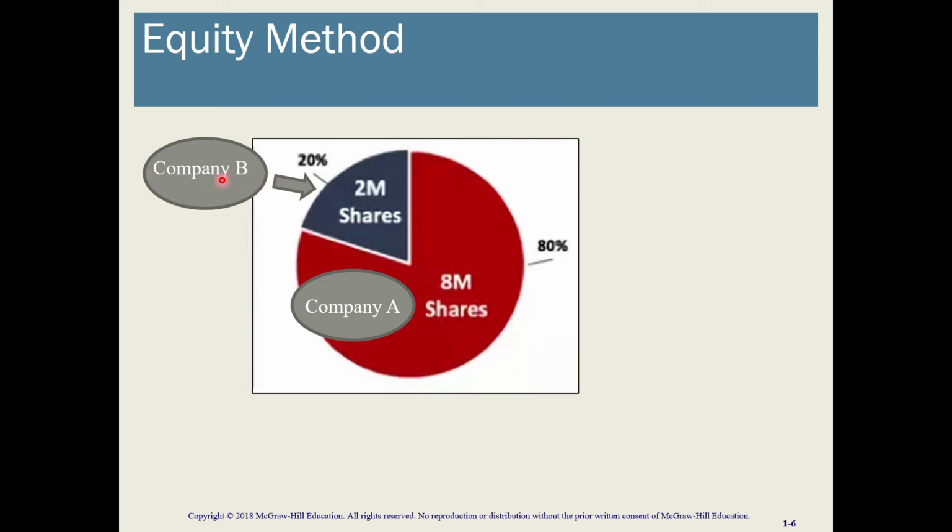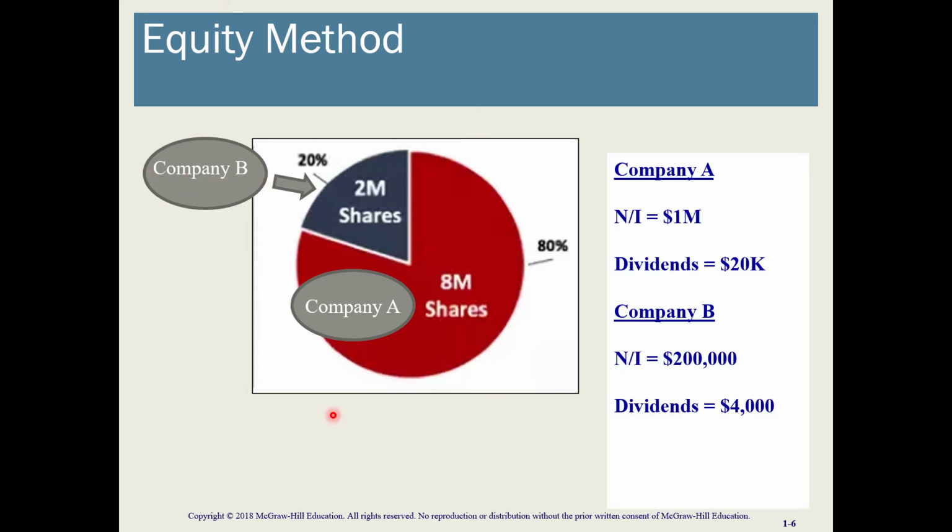We are company B. If company A were to report a net income of 1 million and dividends of 20,000, we own 20% of this pie, and therefore 20% of net income and 20% of dividends should be reflected in our financial statements.